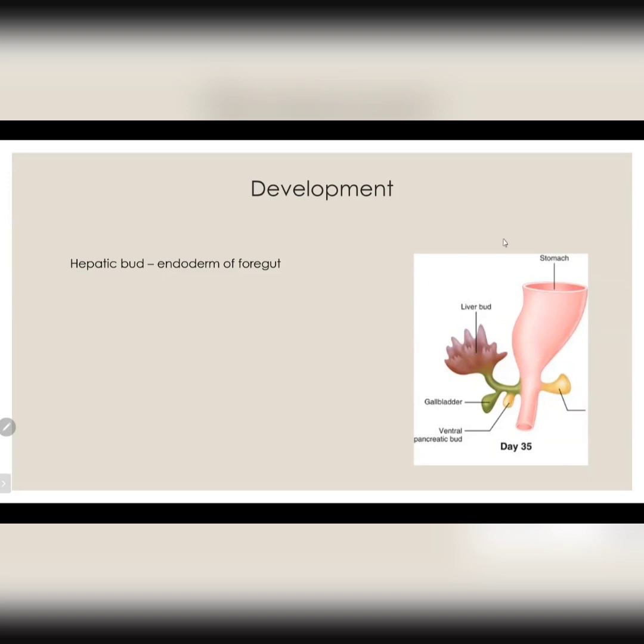This hepatic bud will divide into 2 parts, that is pars hepatica and pars cystica. So the name will give you a clue that pars hepatica is for development of the liver and pars cystica is for development of the gallbladder and the bile ducts.